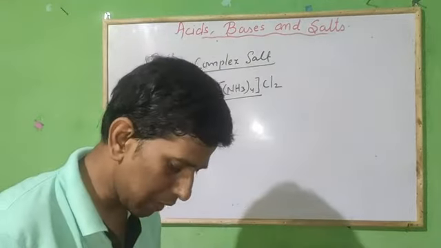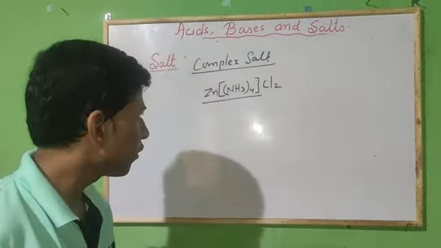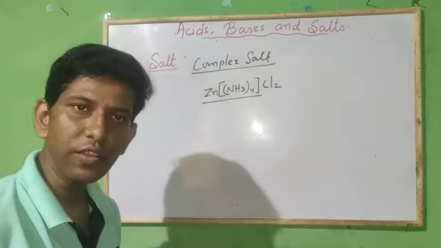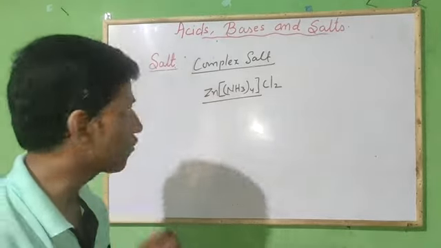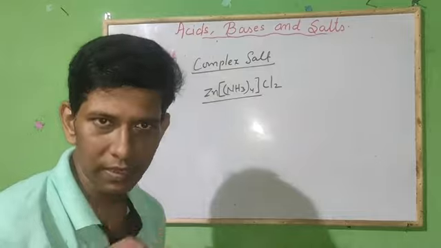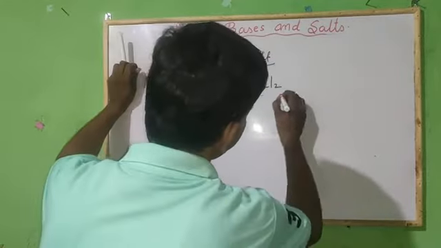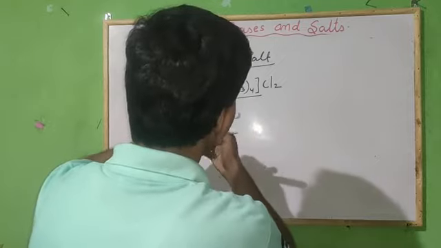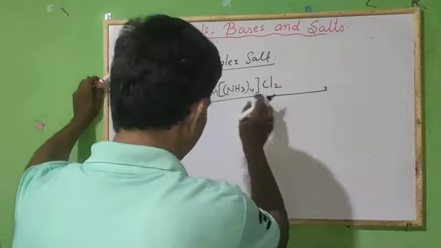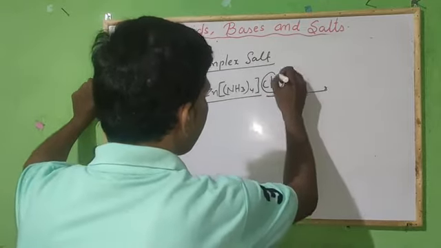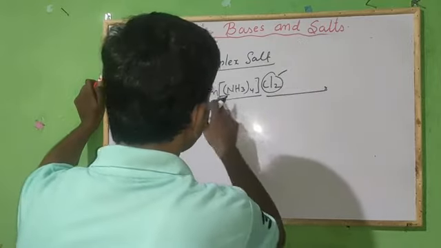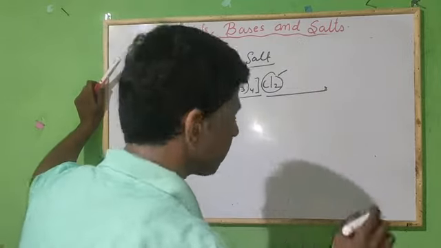This is a complex type of salt. When you see the formula, you can easily understand that this is a complex salt. Actually, when a complex salt comes in contact with aqueous solution, this part will be ionized, but this part will remain as it is. There will be no ionization.